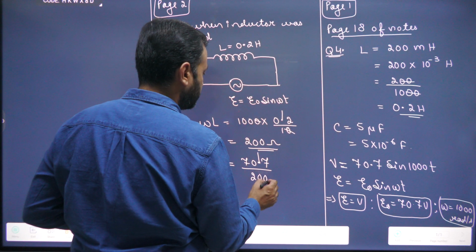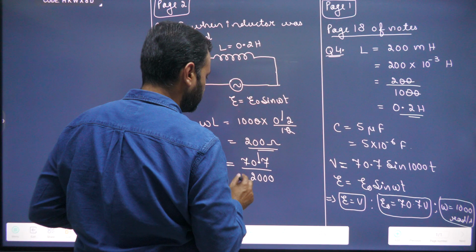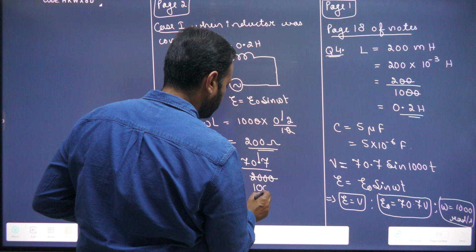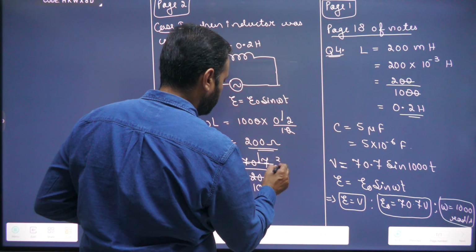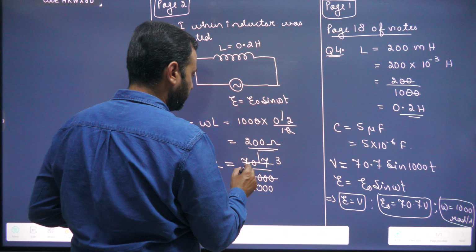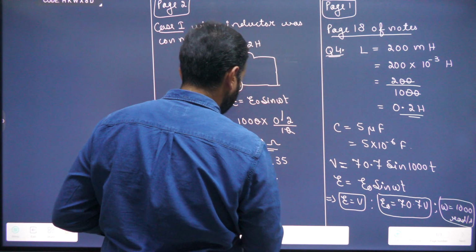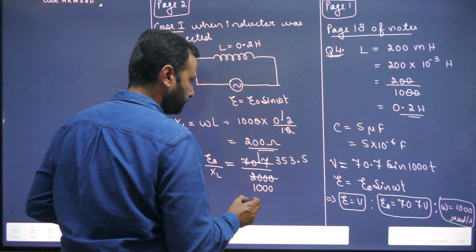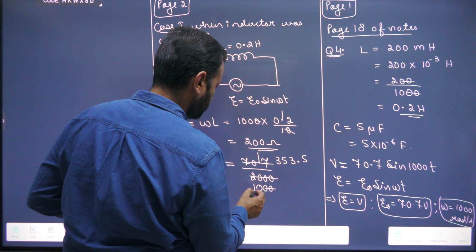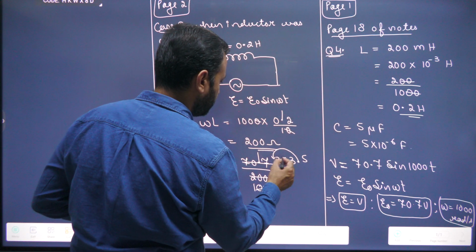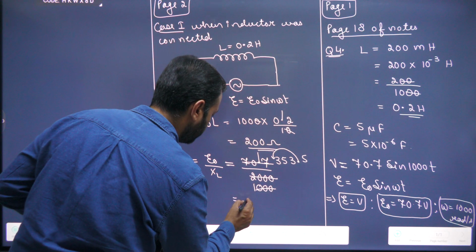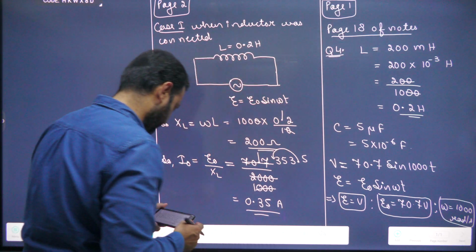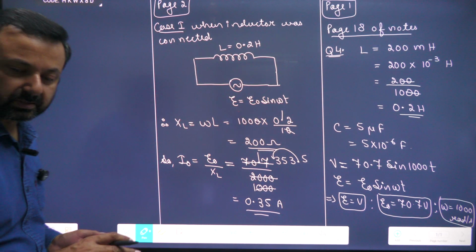Dividing, we get 0.3535. So we can write it approximately as 0.35 ampere. Is that clear to you?